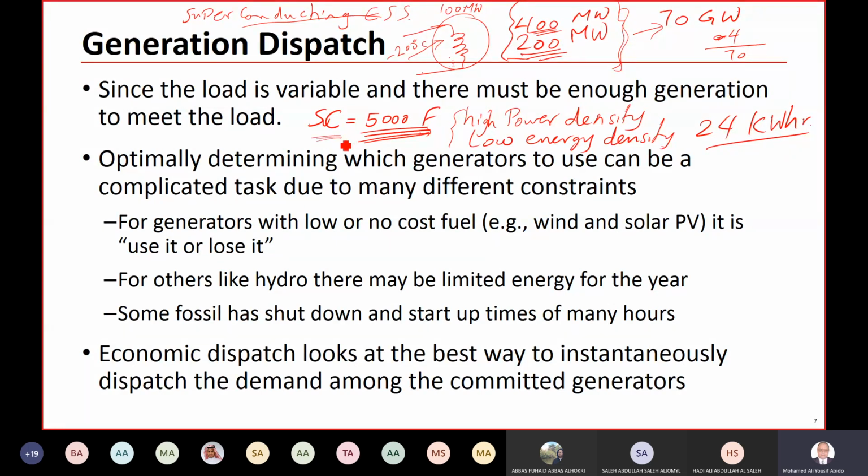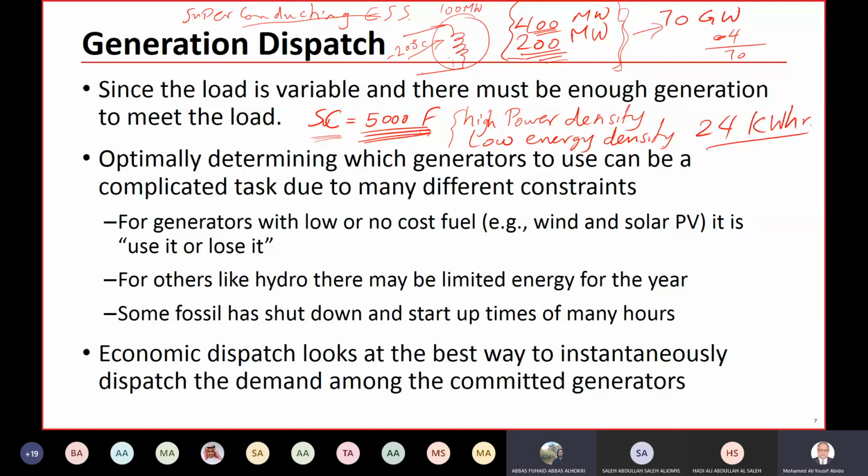If you can combine a supercapacitor with a battery, you can combine these features together and avoid the drawbacks. There are a lot of issues here in energy storage. We don't want to go deeply into this in order to move forward, but if you want to discuss more, at the end of the class you can stay. We can discuss more.